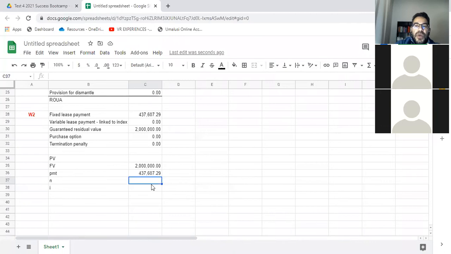N is the number of compounding periods, or another way to look at it, N is the number of payment periods. So this here is the lump sum at end of term. This is a fixed regular payment.